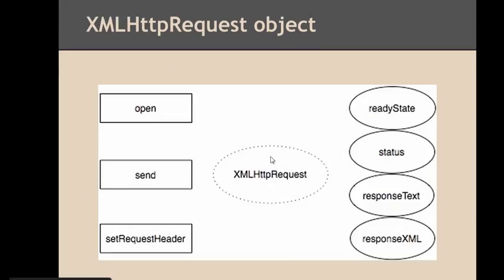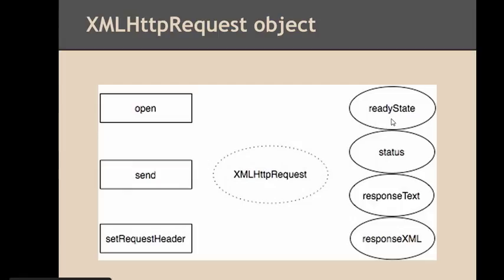XMLHttpRequest has some methods and attributes. It has three methods: open, send, and setRequestHeader. It has some internal attributes: readyState, status, responseText, and responseXML. readyState is the state of the instance. It shows whether the request is created successfully, sent, or some error occurred in the process.